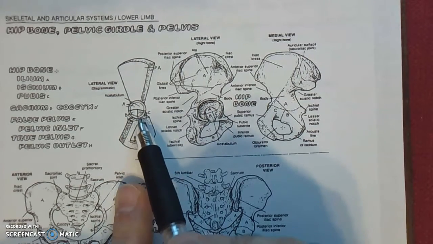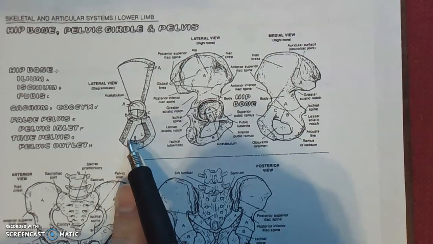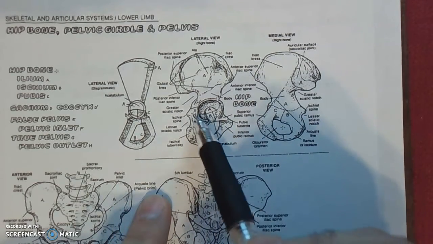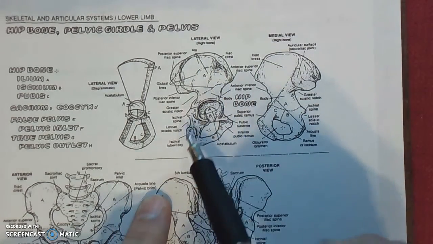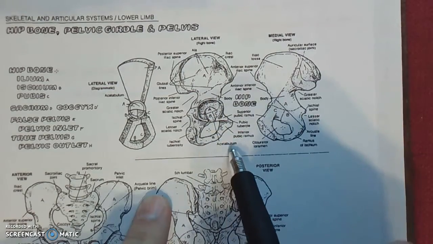But you can see that the other two parts are inferior. One is anterior, one is posterior. So we end up with these bones fusing together to form one bone. And we have this opening right here, or this big fossa called the acetabulum.